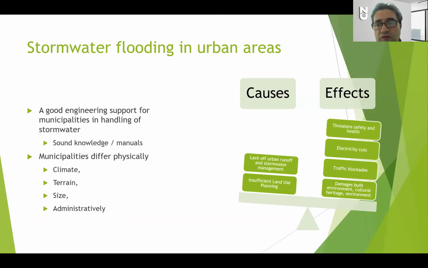Then it will be possible to improve the safety and health of the public. You can also reduce the expenses in terms of electricity cuts and traffic blockage, and minimize the damage to the built environment, which can easily happen during any flooding disaster. Actually, this is in the list of disasters.